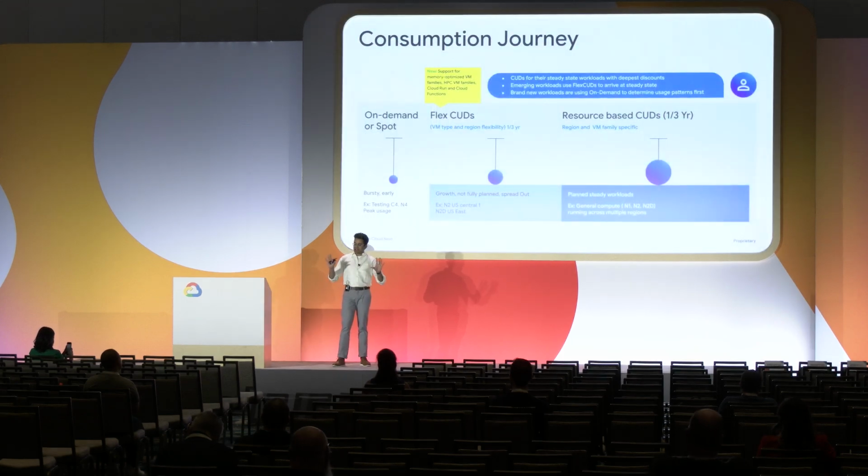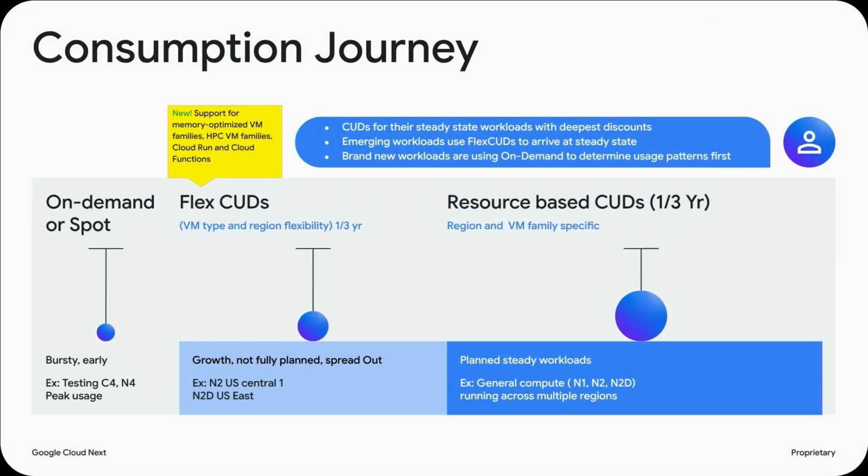So let's start with the classic cloud optimization journey. We all know this one very well. When you bring a brand new workload to cloud, you start with your on-demand. On-demand is great. It's flexible. It meets your needs. You learn about your usage patterns. As your workload matures and you get to a production state, that's when your FinOps team taps on your shoulder and says, let's lock this down.